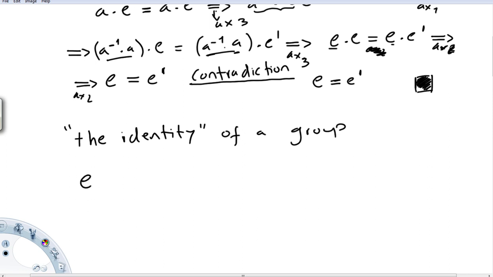Usually we write E. The German word, I think, is Einheit. That's the German word for identity, I think. I'm not very sure about this, but I know that E comes from this E of Einheit.